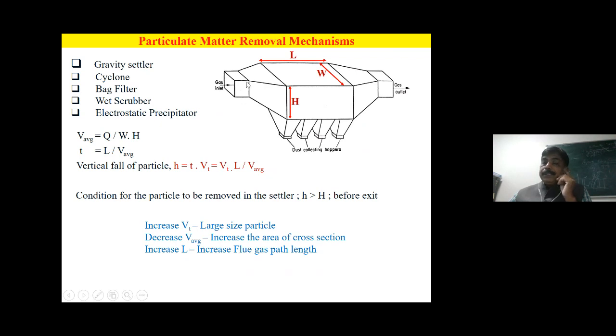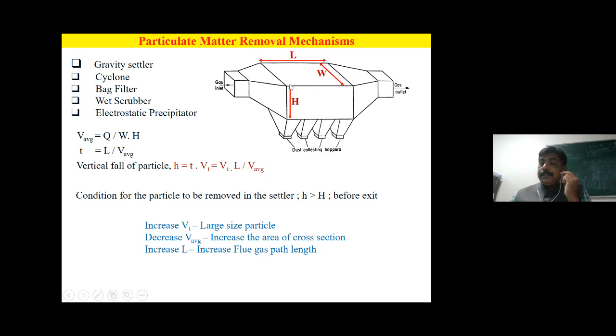Now, if the velocity comes down, you will study this in both water treatment and wastewater treatment, the settling chamber. When a particle goes in the forward direction, it also moves down because of gravity. Before it leaves this outlet part, if the particle touches the bottom of the tank, it can be removed or settled.